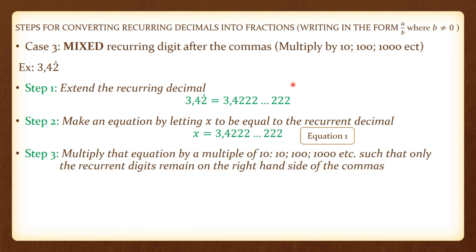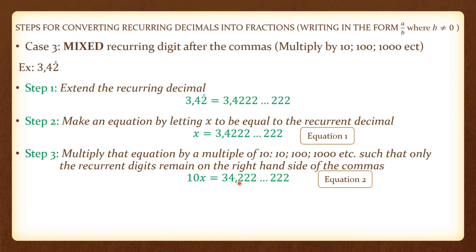Step 3. Multiply that equation by a multiple of 10, meaning 10 or 100 or 1000, etc., such that only the recurring digits remain on the right hand side of the decimal point. So by 10, we have 10x equal to 34.222 repeating indefinitely. We call it equation 2. Now notice the difference between this case and the other cases is that here in equation 1, we still have a non-repeating digit with the repeating digit. But in here we don't have a non-repeating digit.